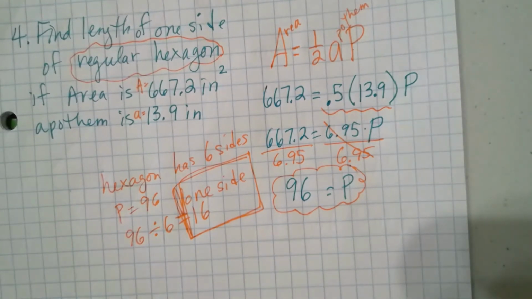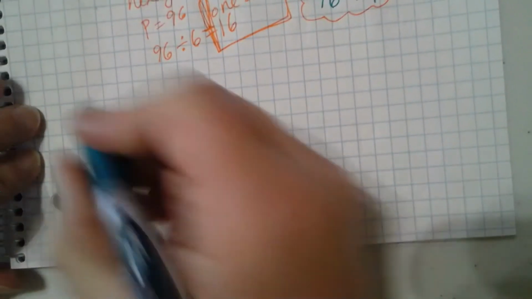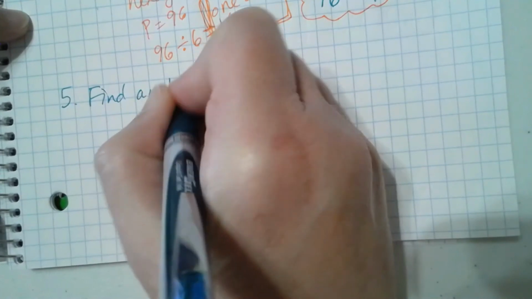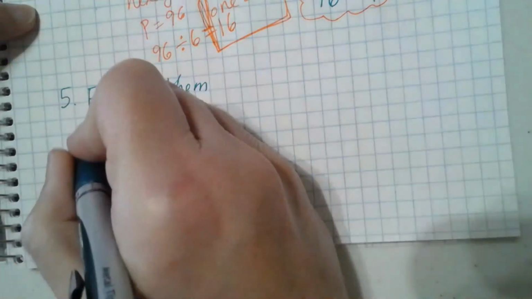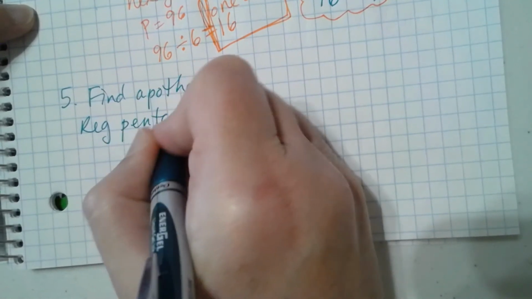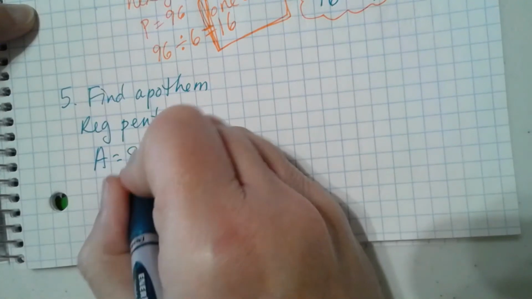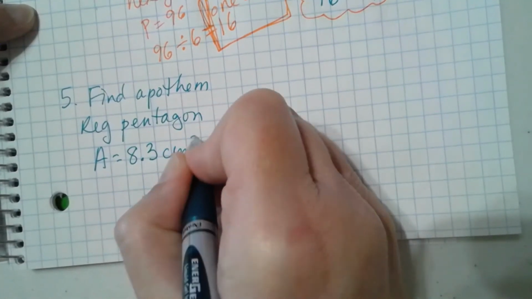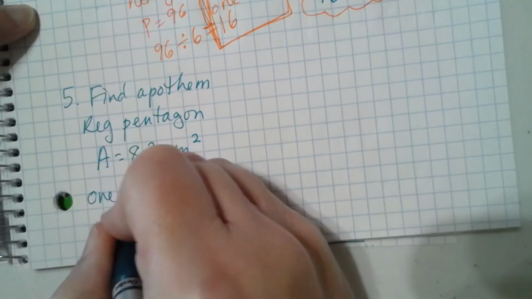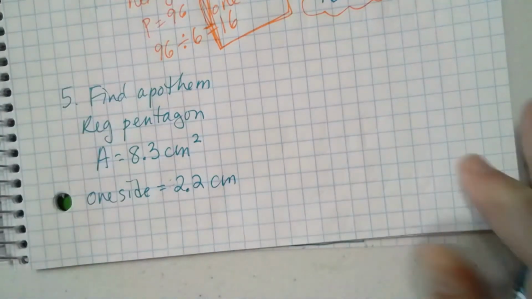Okay, all right, last question, number 5. Find the apothem. We are given a regular pentagon. We're told that the area is 8.3 centimeters squared, and one side equals 2.2 centimeters.